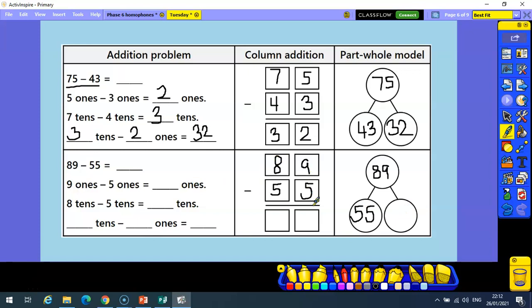So I'm going to start in the ones column. My ones column says 9 take away 5. 9 ones take away 5 ones equals 4 ones. Then I'm going to go in my tens column. My tens column says 8 take away 5. Can you figure that out really quickly?